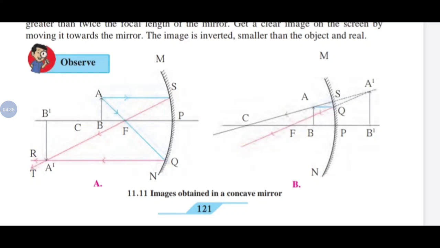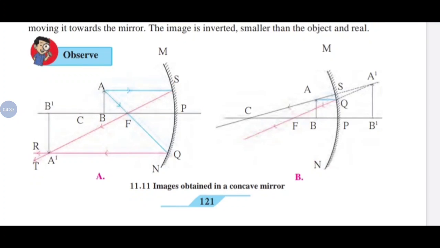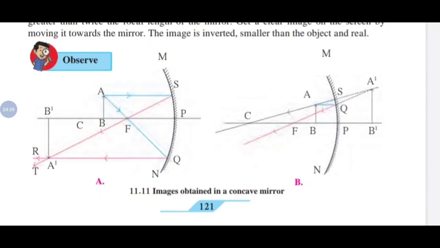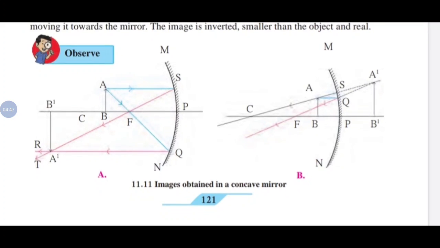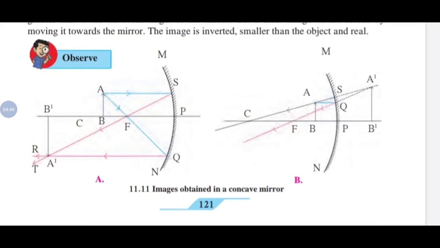The line passing through the center of curvature C and the pole P is called the principal axis. So where is the position of object AB? Between C and F. Out of the 3 rules we use any 2 rules to draw the ray diagram.